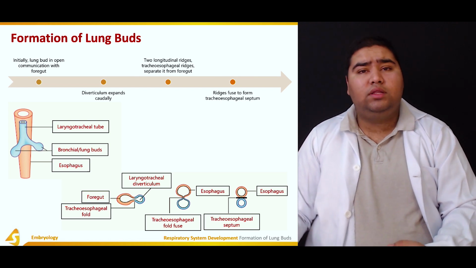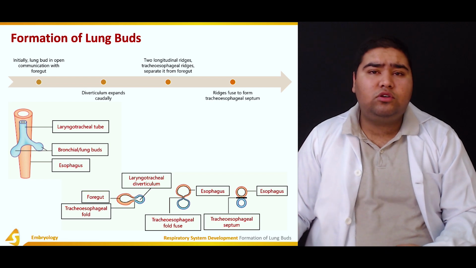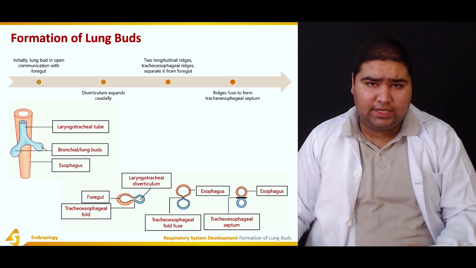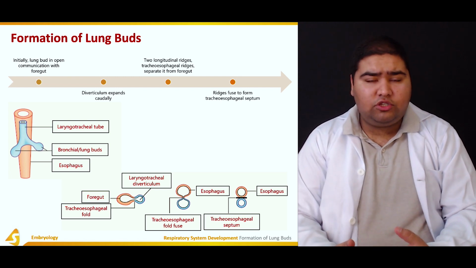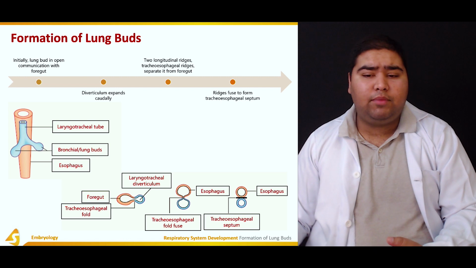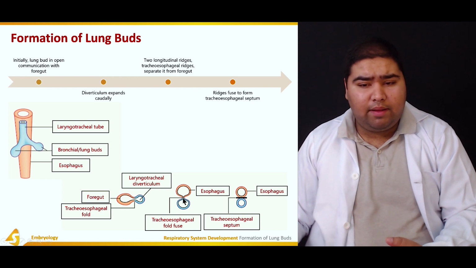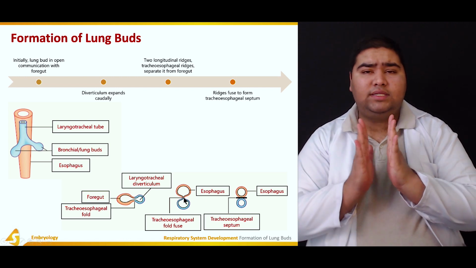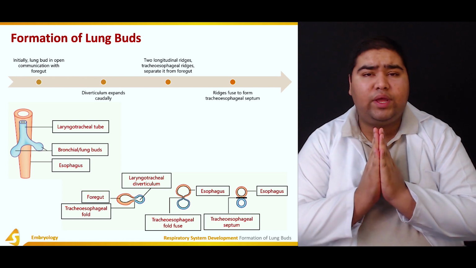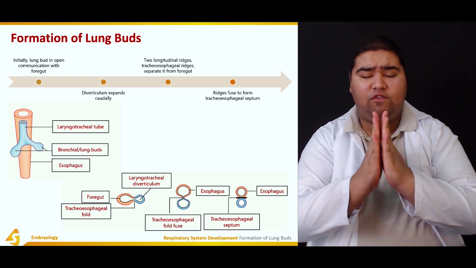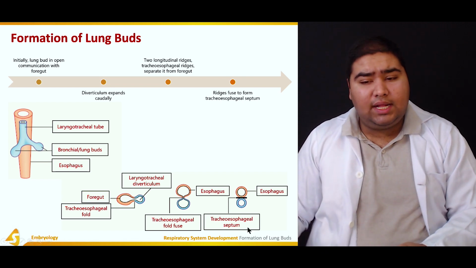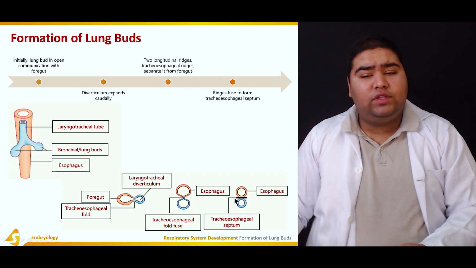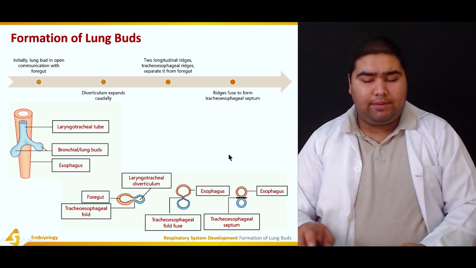These folds were called the tracheoesophageal folds or tracheoesophageal ridges. With development, these ridges came close. This is them coming close, and they underwent apposition with each other. They formed a junction, a tight bond between them. This results in the formation of the tracheoesophageal septum.